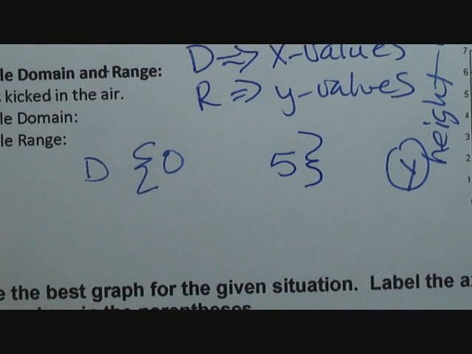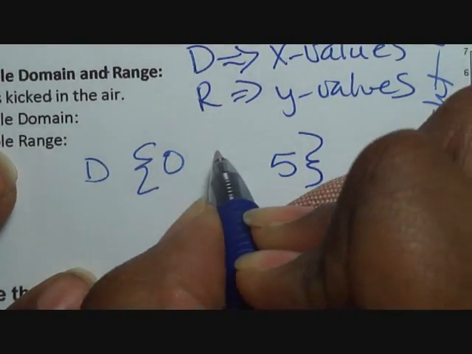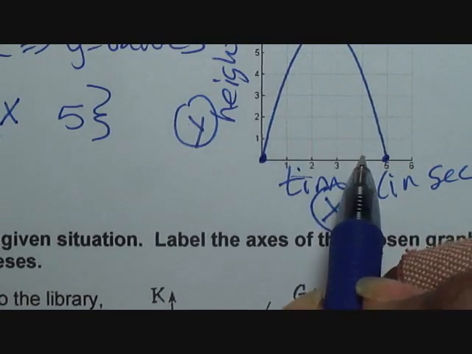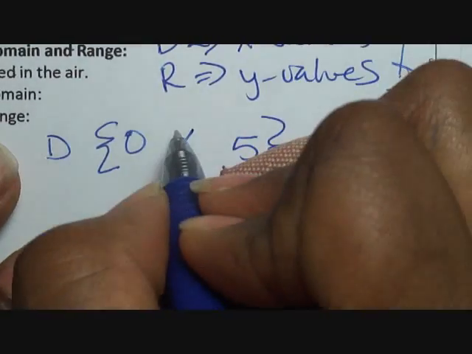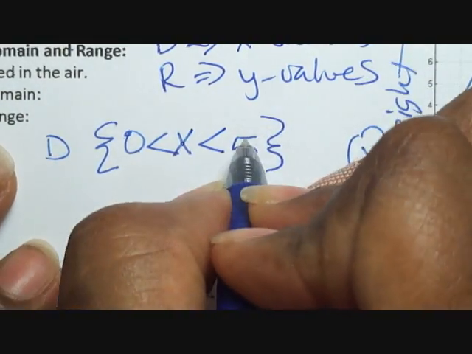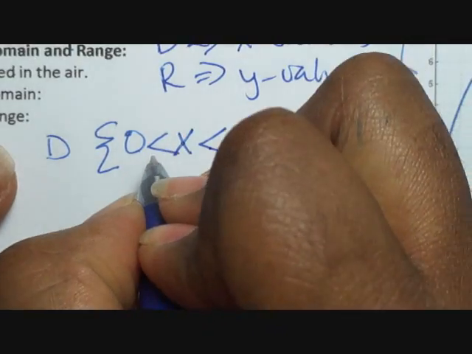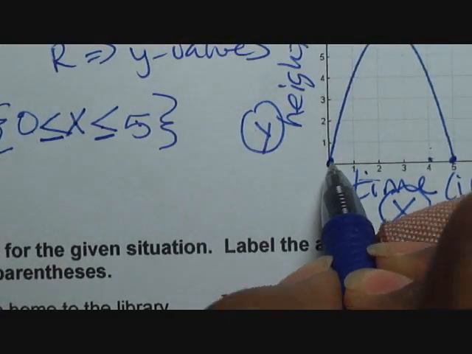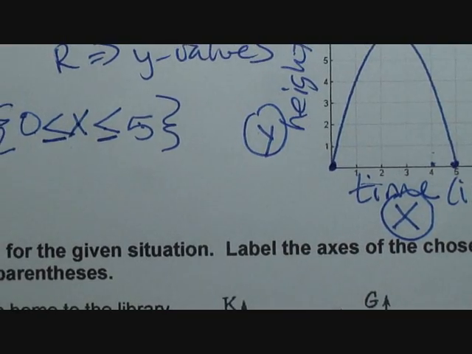And we're going to write this in inequality notation. I know that this is the x value because it's my independent variable. Now, it went from 0 to 5 and it included 0 and 5. So x is greater than 0 and less than 5, but it's also equal to, because we can see it started at 0 and ended at 5.